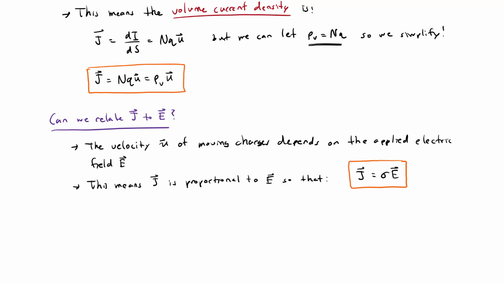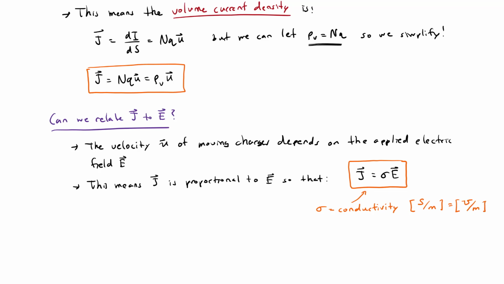So it makes sense that sigma is a proportionality constant, and that sigma is equal to conductivity. So sigma is known as the conductivity of the material, and it's going to be in units of Siemens S over m, or mho over m.